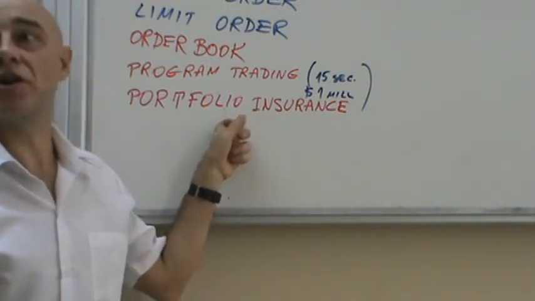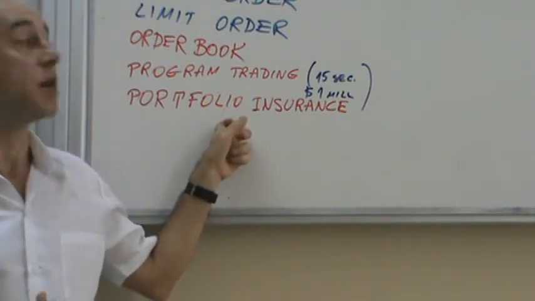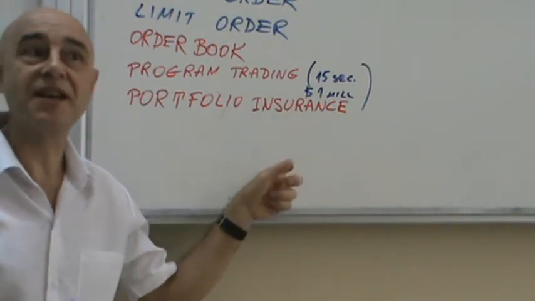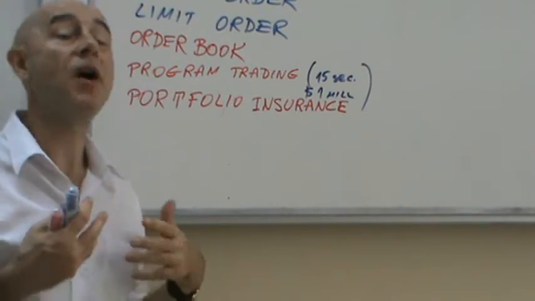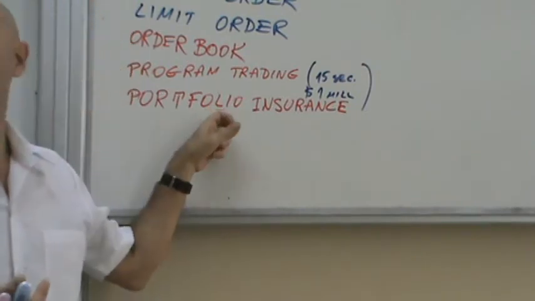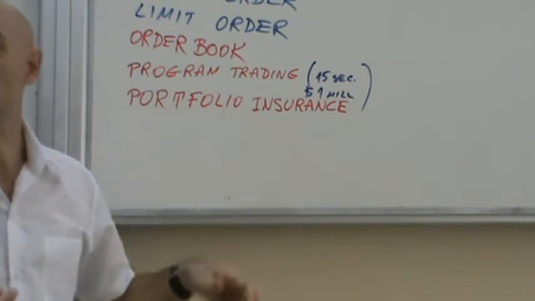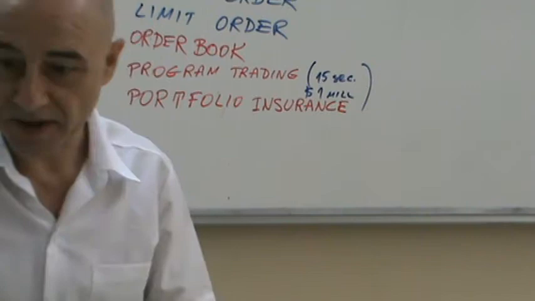So it will partially compensate you for your stock market losses. That's portfolio insurance. It is basically program trading that will partially compensate you for losses in one market by trying to generate gains in a different market.